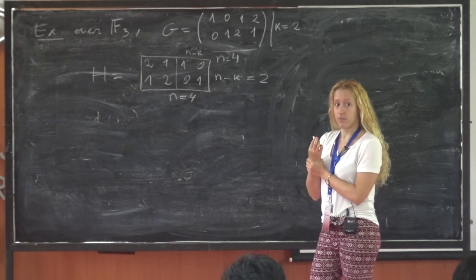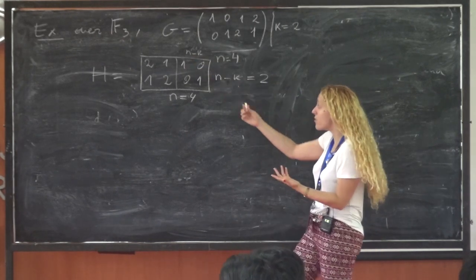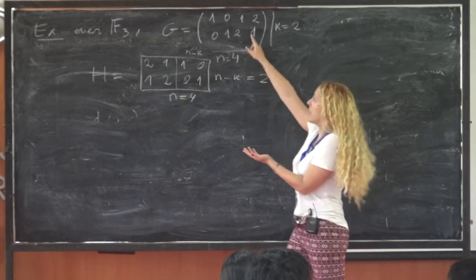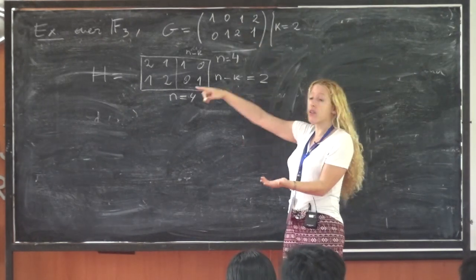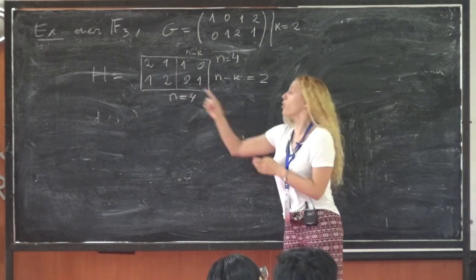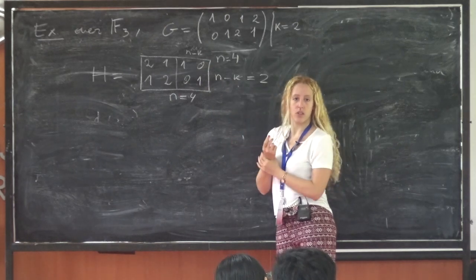Okay? So the code I was considering, you can describe it in 2 ways. Either giving a basis like in here, or giving the equations of the code. Okay? So the rows of this matrix are the equations.